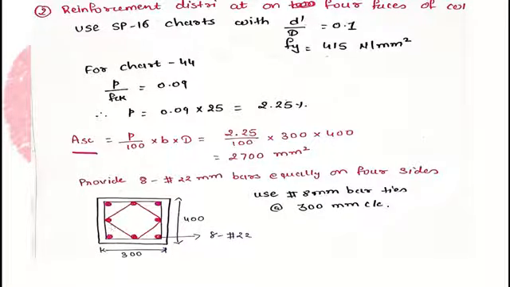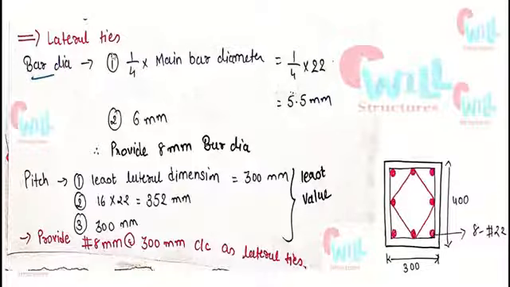Now let's calculate for the lateral ties. In lateral tie, for the bar diameter, the criteria as per IS 456 are one-fourth of the main bar diameter. Bar diameter is 22 mm, right? That is 5.5 mm. Second is 6 mm. We can use the larger of the two values, and I am directly using 8 mm bar diameter for the tie.